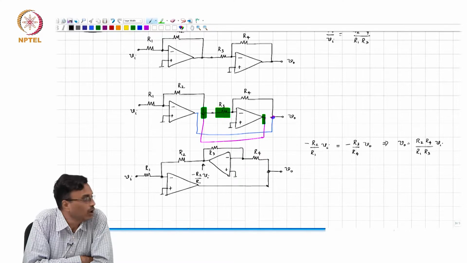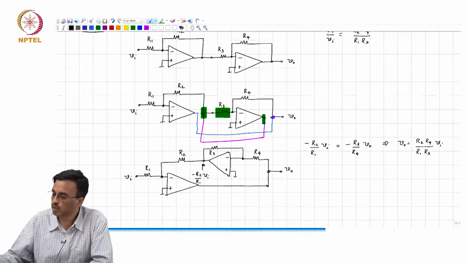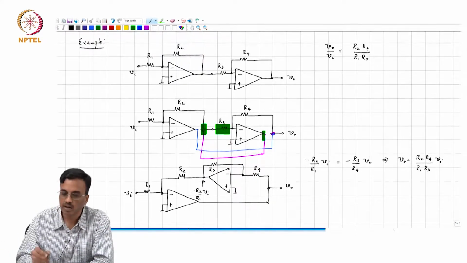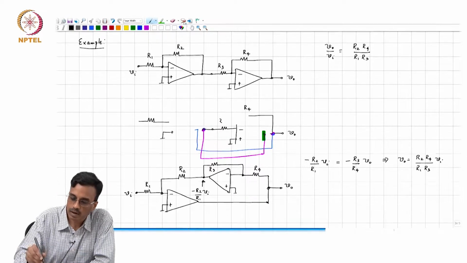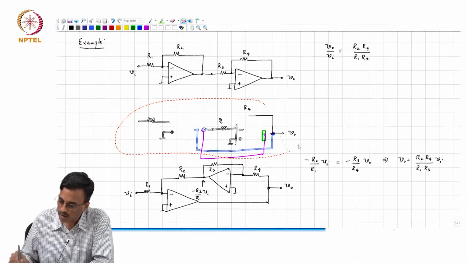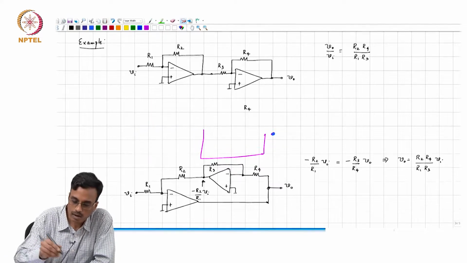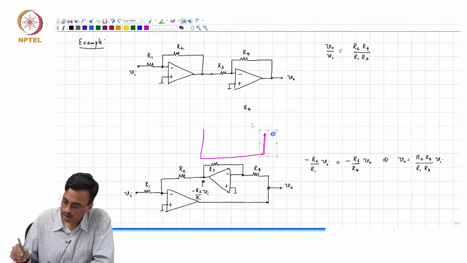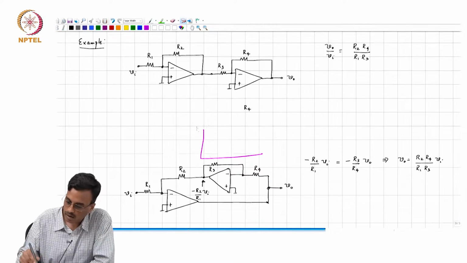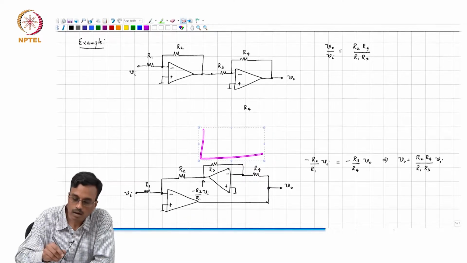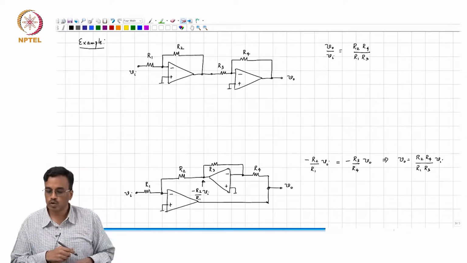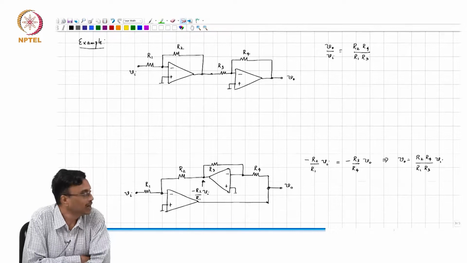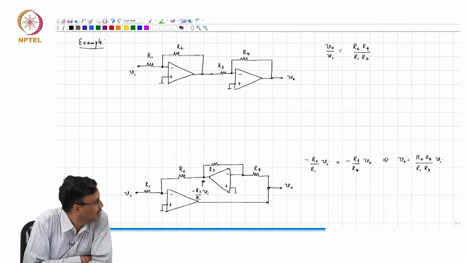I mean, this circuit, I don't know about you, but if I saw this for the first time, if I didn't show you the one in the middle, the circuit on top looks.